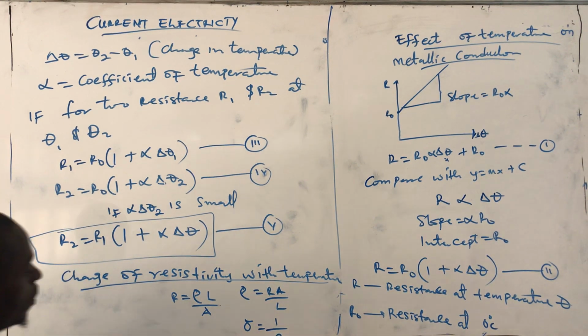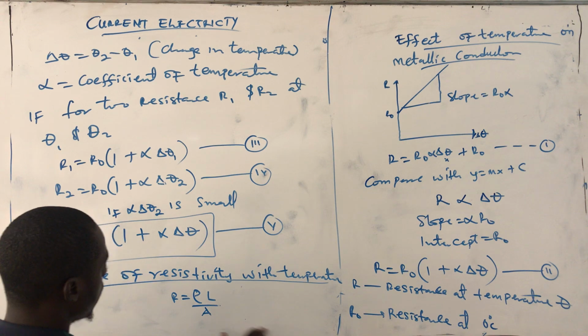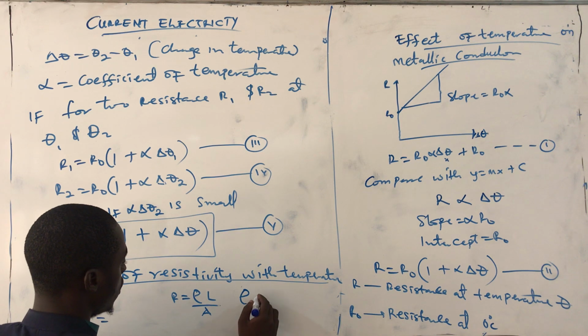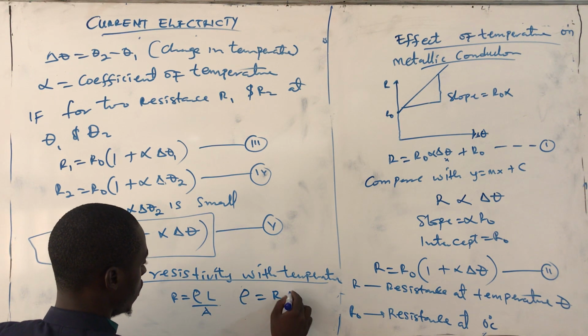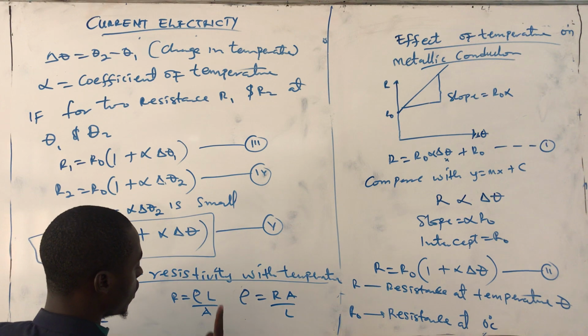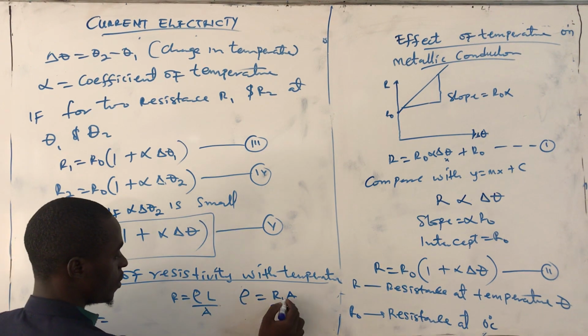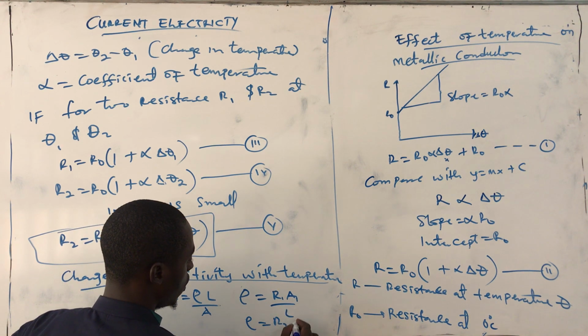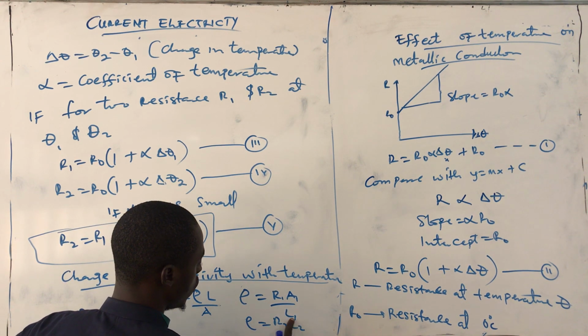So if we solve the mathematics, let me just write the formula directly. Our formula, in terms of R1 and R2, in terms of two resistances, we are going to have resistivity. If we make it the subject of the formula here, we are going to have RA over L. So in terms of R1, the resistivity will also be equal to R2, A1, L1, L2, A2.